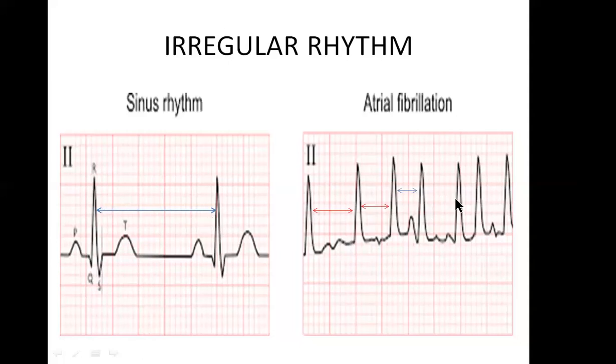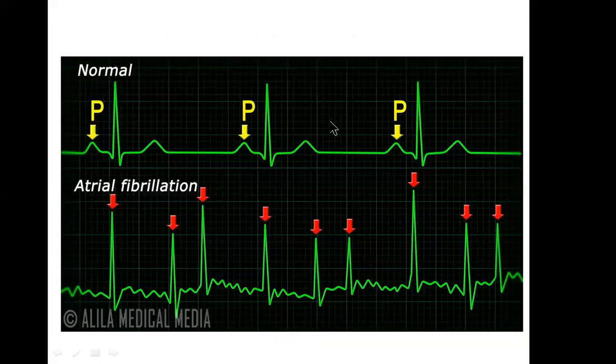Now look at this tracing: the RR distances are different, and there is no pattern of P waves, different P waves. So this is an irregular rhythm, and this is a regular rhythm, normal sinus rhythm.